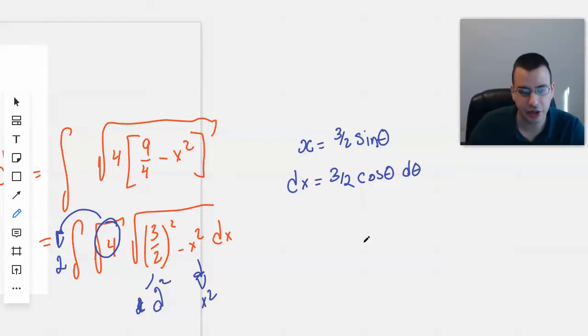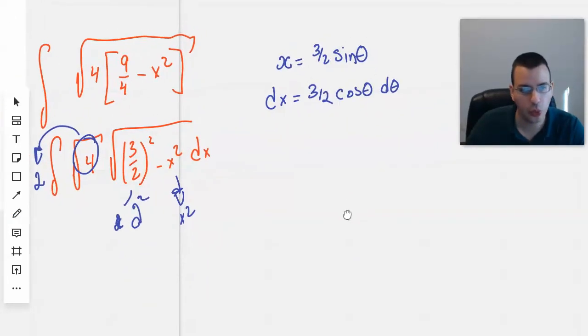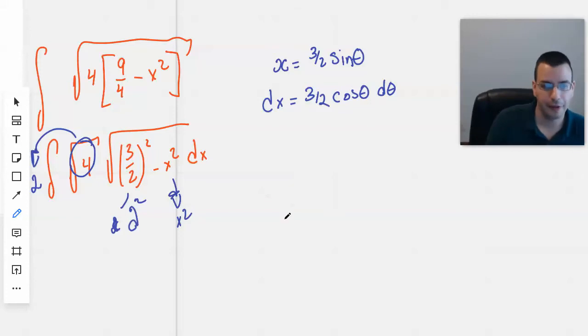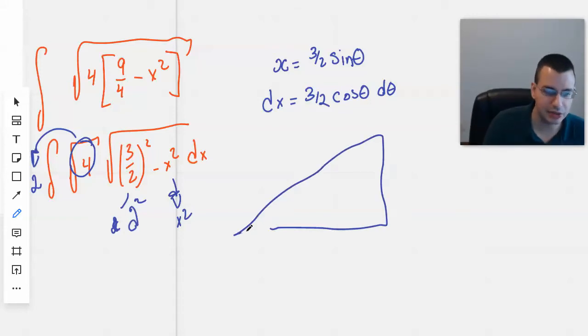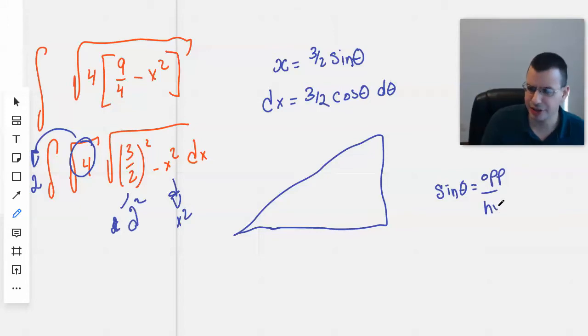And then here, it's a good idea to draw a triangle. We really don't need it, at least not until later, but it helps me keep my thoughts straight.